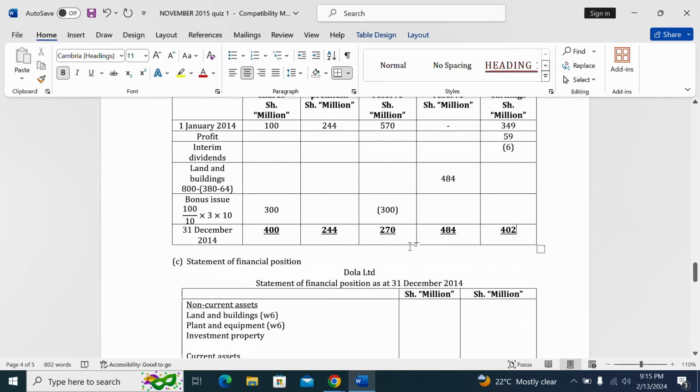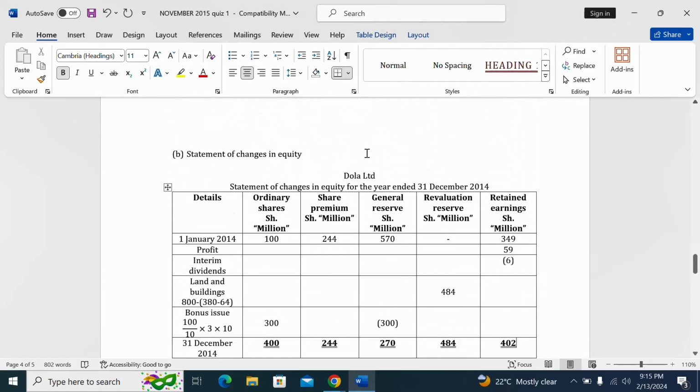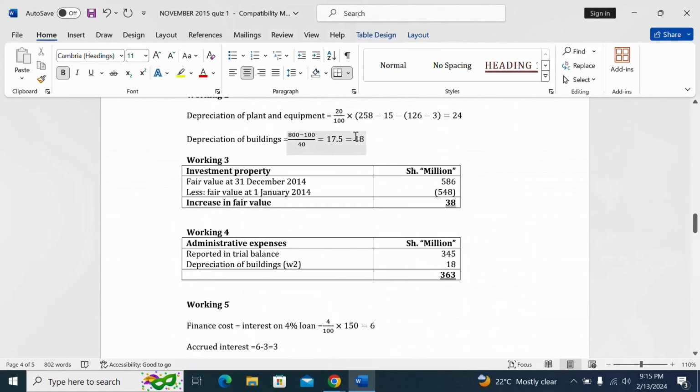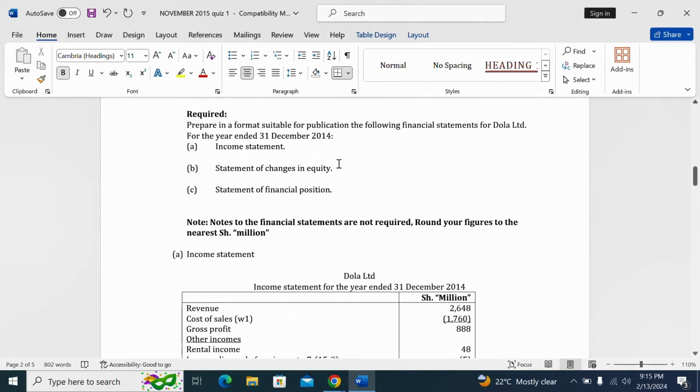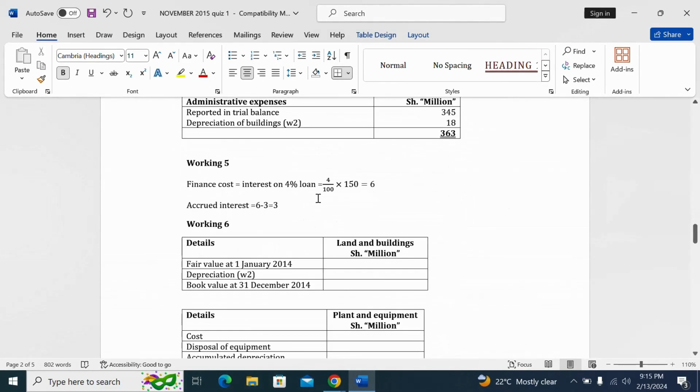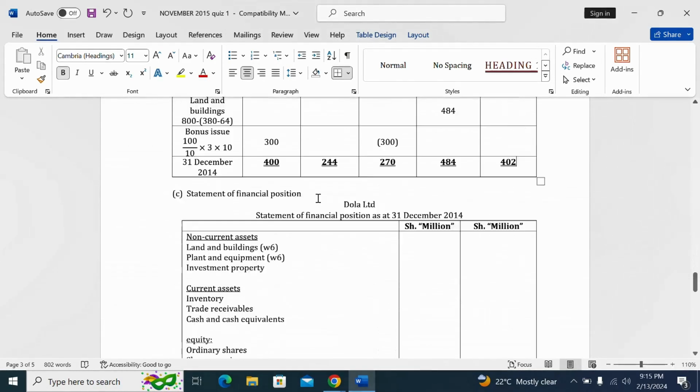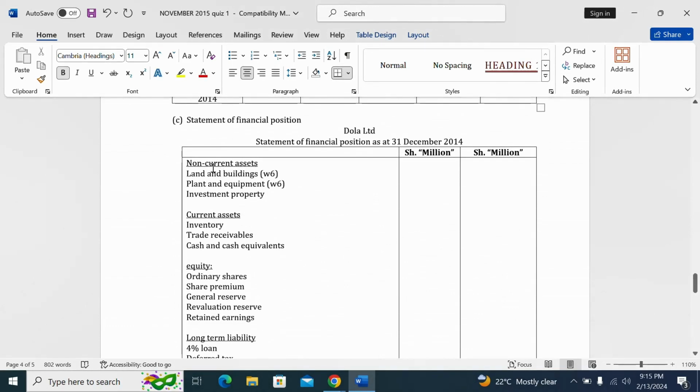Now we finally go to the final requirement. What was the final requirement? The final requirement was a statement of financial position. We usually start with the non-current assets. From the trial balance, the non-current assets that we had were land and buildings, plant and equipment, and investment property.